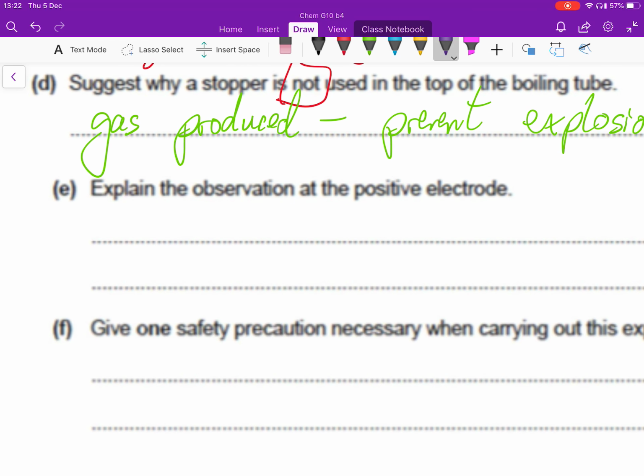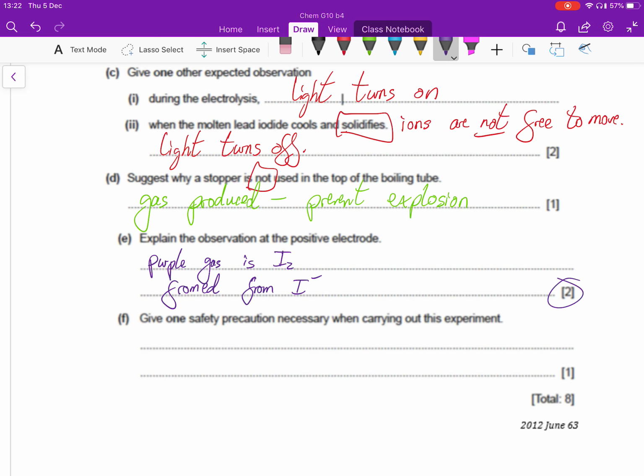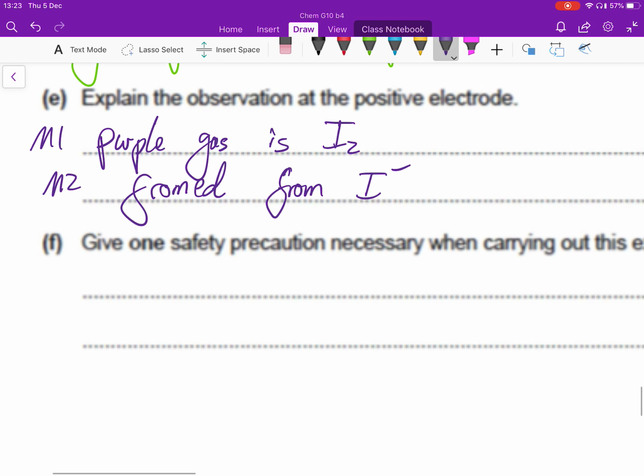Now, the lead isn't going to be the purple gas, so the purple gas is iodine, and this is a 2-mark question, so it's formed from the iodide. Do notice, again, 2 marks. So purple gas is I2 would be mark 1, and therefore try to think of what a second mark would be. Well, it was formed from the iodide.